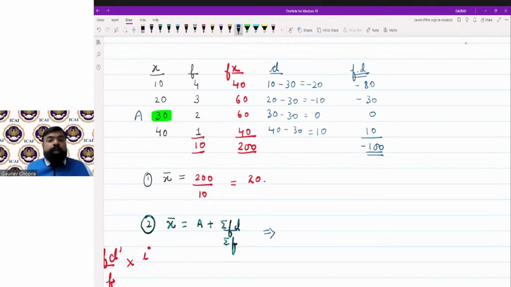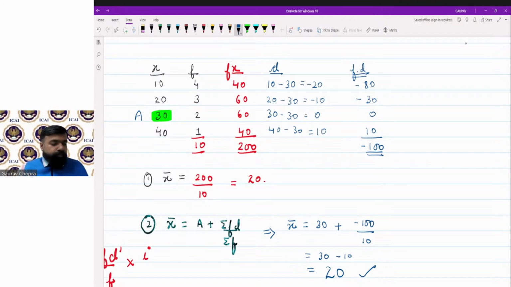Now applying all these values in the formula. So x bar equals, we have taken 30 as assumed mean plus sigma fd, negative 100, divided by sigma f, which is 10. So the result is 30 minus 10, that is 20. So 20 is the final answer.